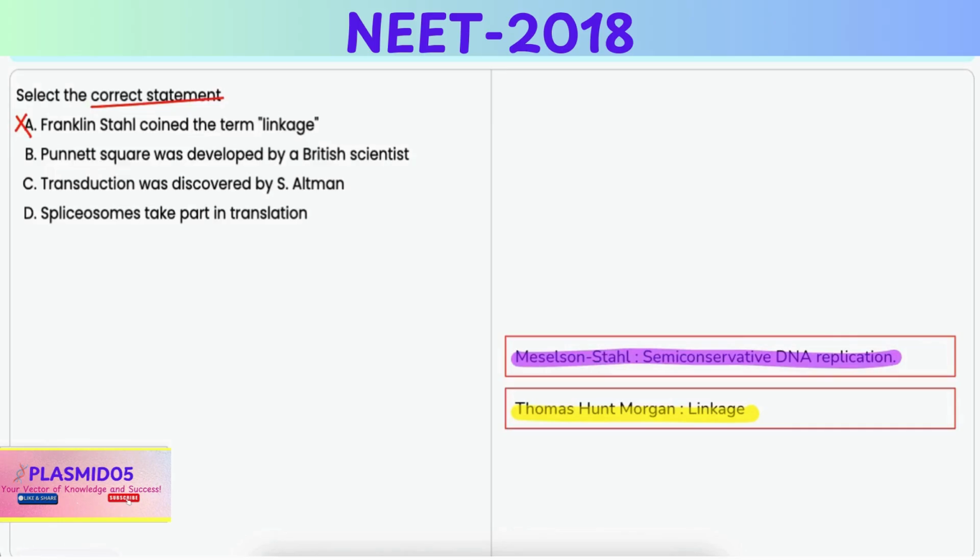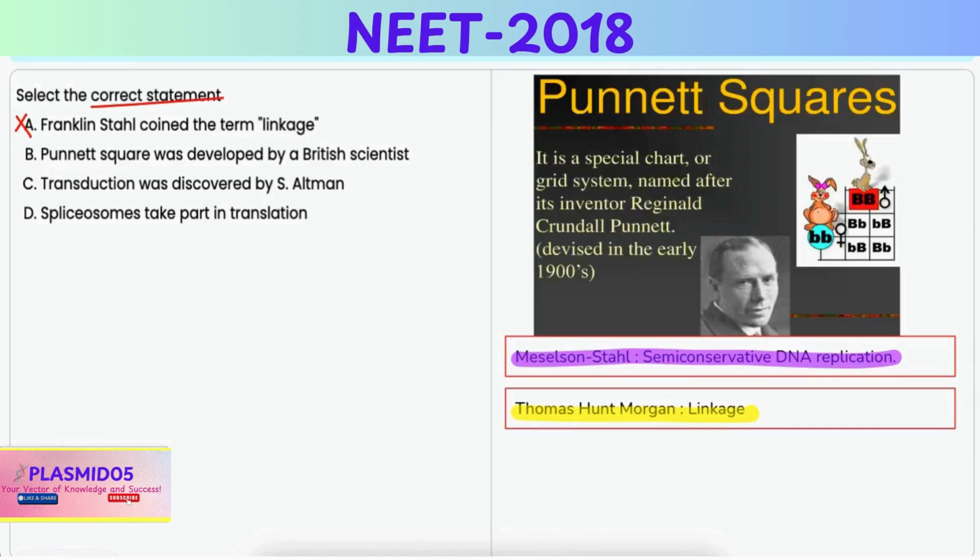Option B, Punnett square was developed by a British scientist. Now, the Punnett square was indeed developed by Reginald C. Punnett, a British geneticist, to predict the outcome of genetic crosses. Thus, it is the correct option.